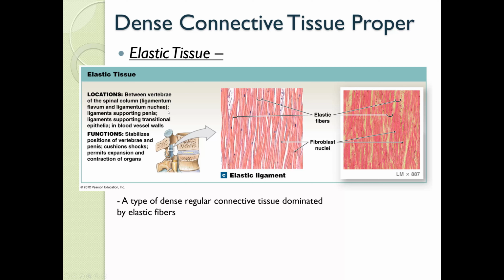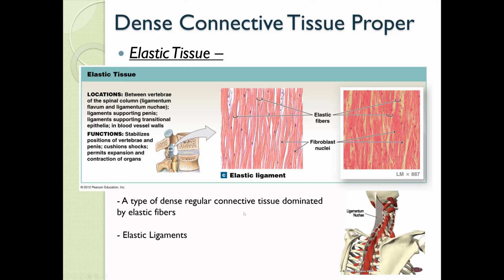You can also find it in ligaments supporting the penis, ligaments supporting transitional epithelium, and in the walls of blood vessels. So elastic tissue helps to stabilize the position of your vertebrae and penis. It also cushions against shocks and permits expansion and contraction of organs.